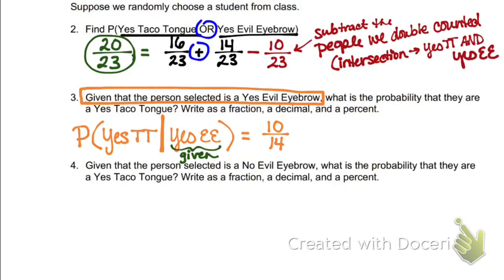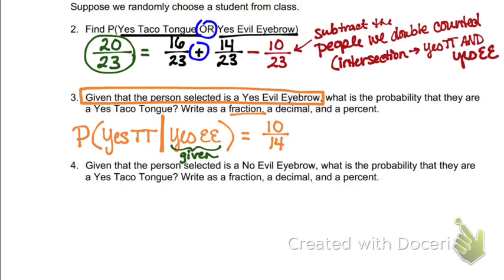So I wrote it as a fraction. They also asked me to write it as a decimal. So grab your calculators. Let's divide it on the calculators. We're going to take this out to at least 3 decimal places.